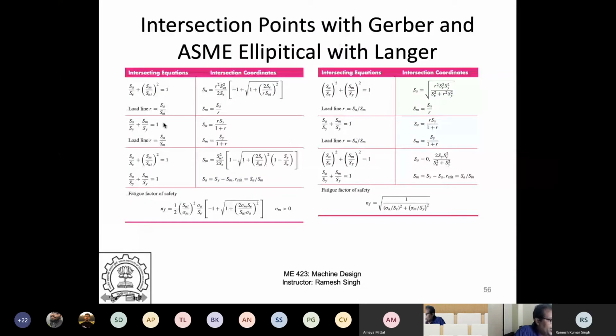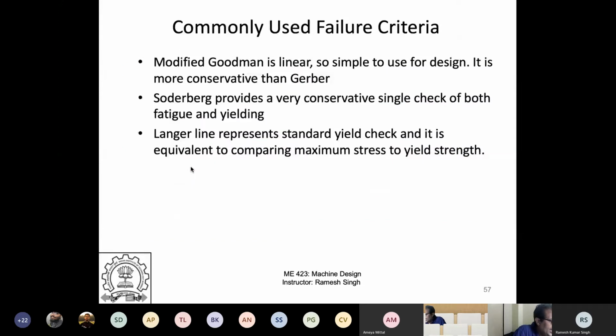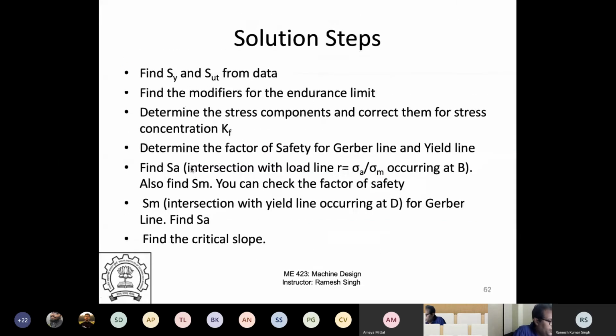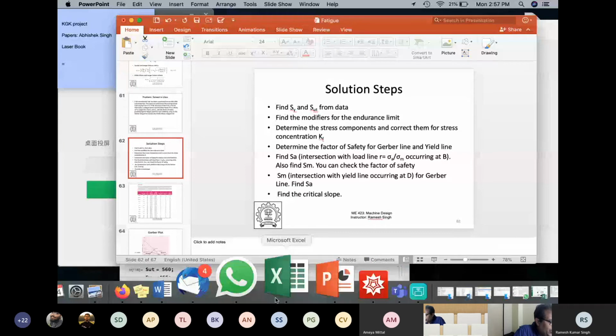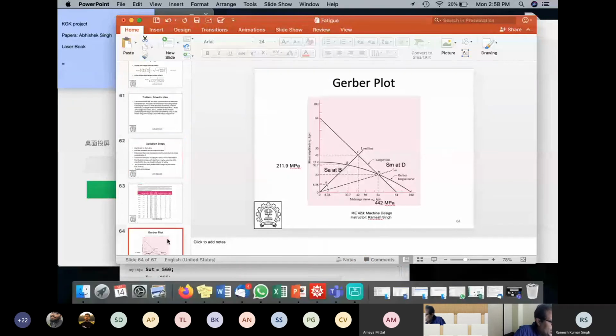So Sa plus Sm is equal to Sy, and this lies on the Langer line. Then I can also find out the critical line, the slope of this line. The slope of this line will be Sa by Sm.